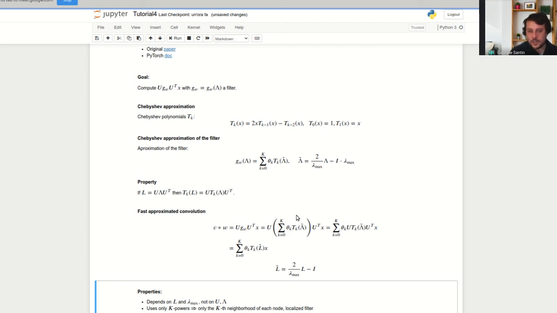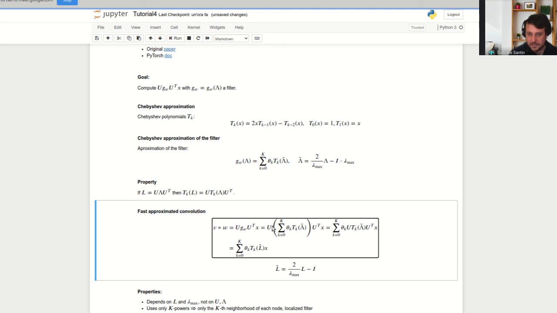It's like saying that to specify the filter, we need to specify the theta, okay? So it's like parameterizing our filter over the theta. And then this is a diagonal matrix, so we can take out the sum. The thing in the parentheses here is just a sum of diagonal matrices.